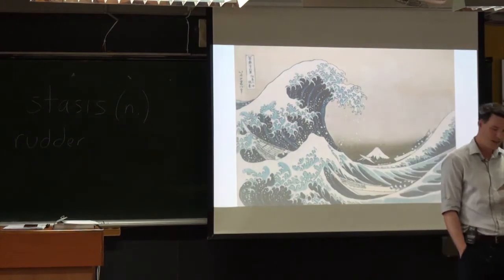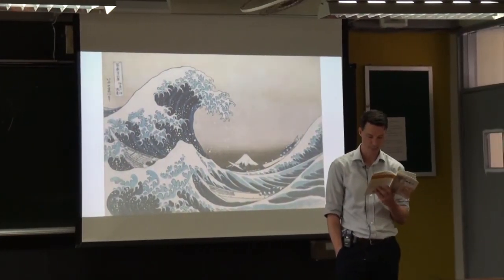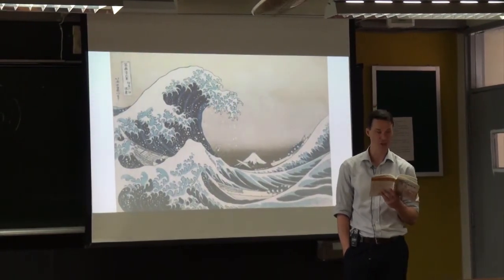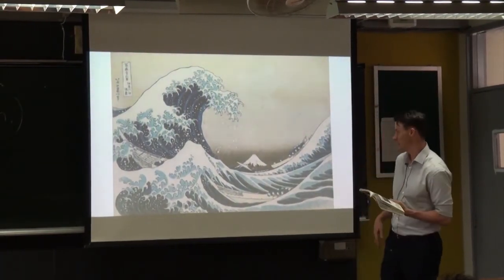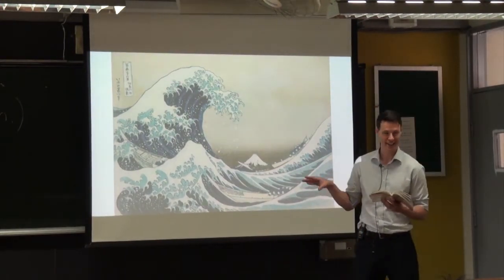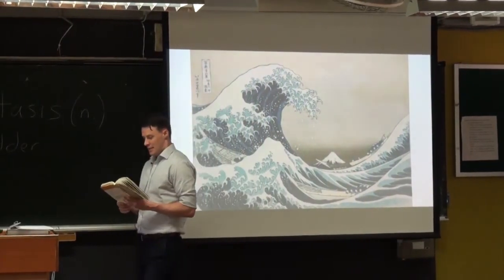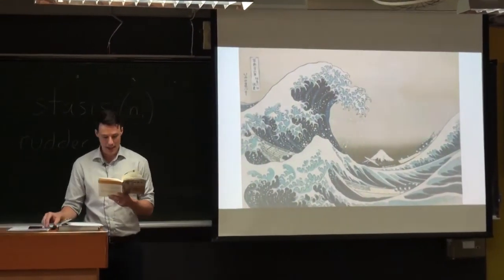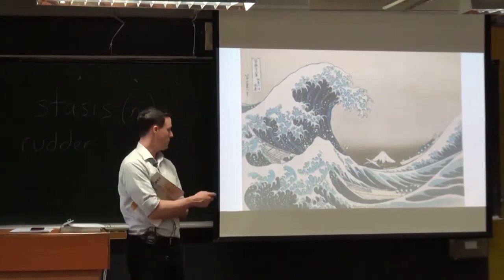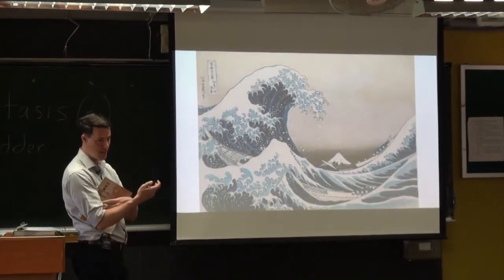In Hokusai's The Great Wave Off Kanagawa, the motion looks more dangerous. So this painting looks way more chaotic and dangerous than the Homer. Sea foam is flying around. Okay, so notice all the white foam, the spray.